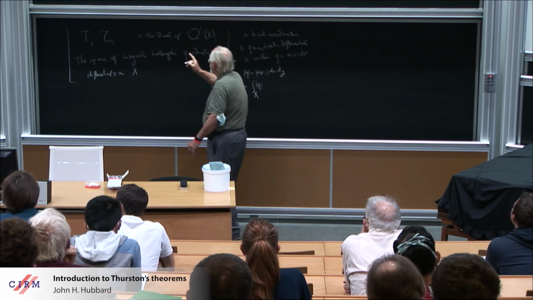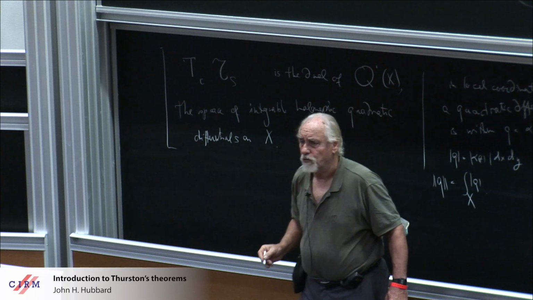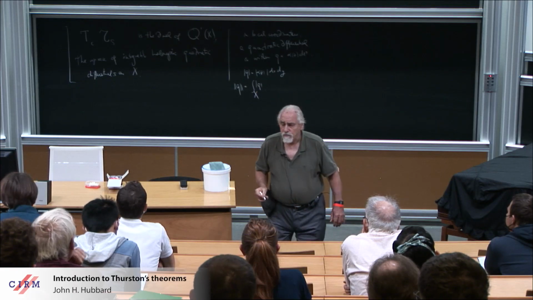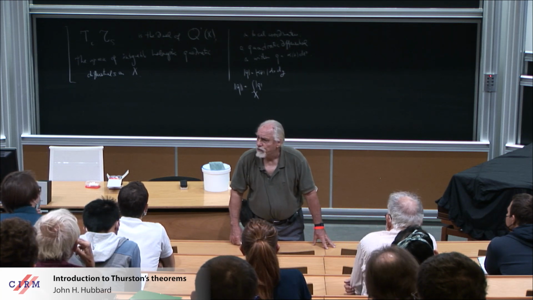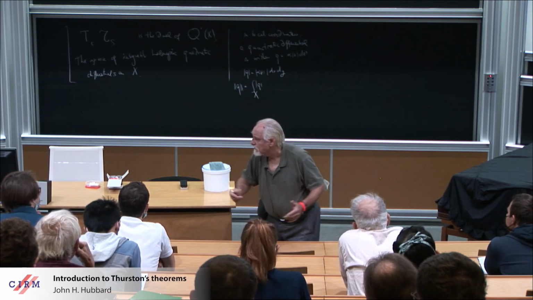This gives you a metric on the tangent space, the dual metric of the L1 metric on the quadratic differentials. And when you have a norm on the tangent space, you automatically get a metric on the space itself.